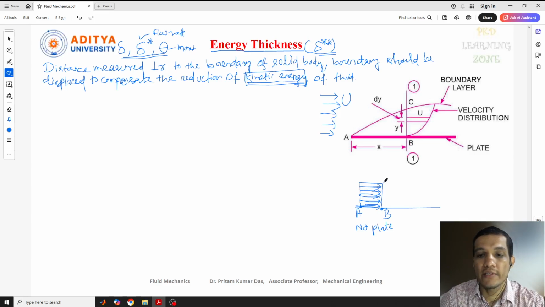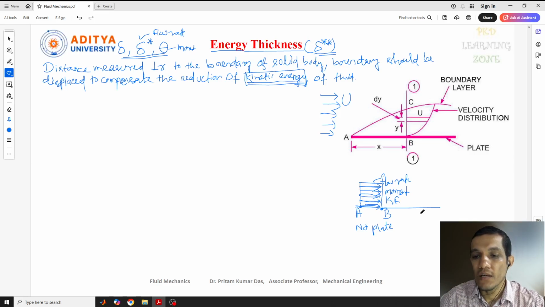Similarly, if the flow rate is the same at points A and B, we can say the momentum is the same, and similarly the kinetic energy will also be the same, so there will be no loss. Now suppose you keep a plate in the direction of the fluid flow.